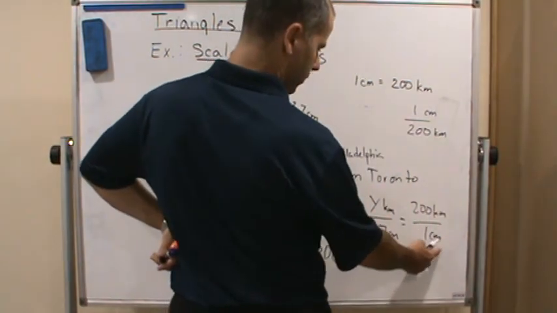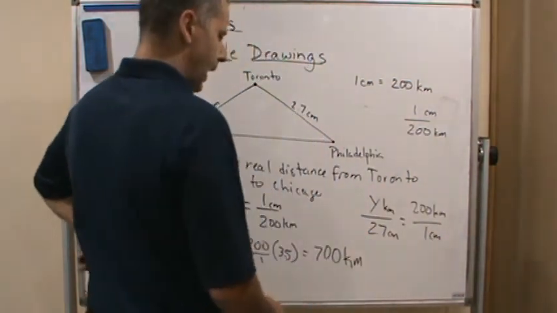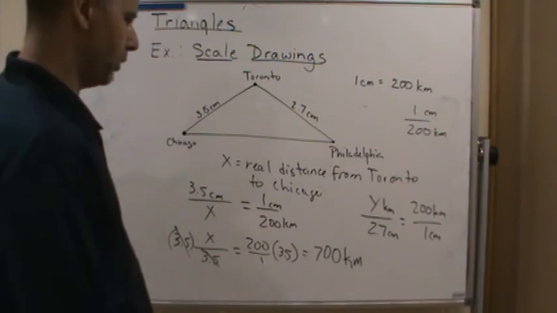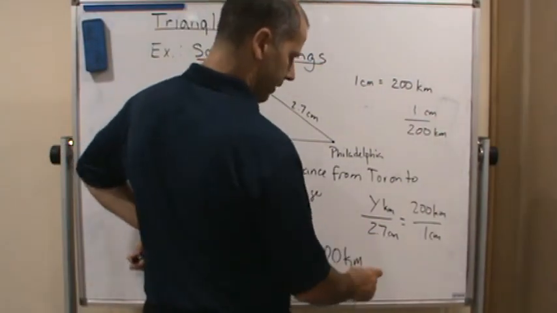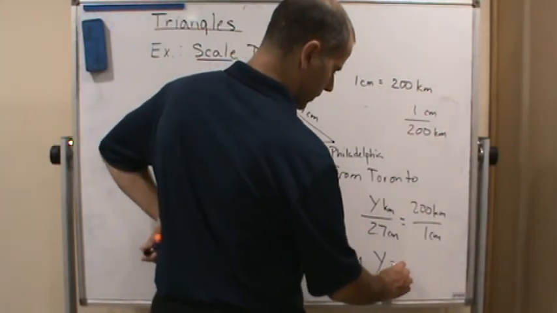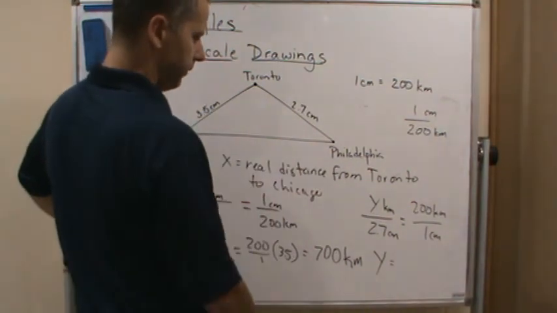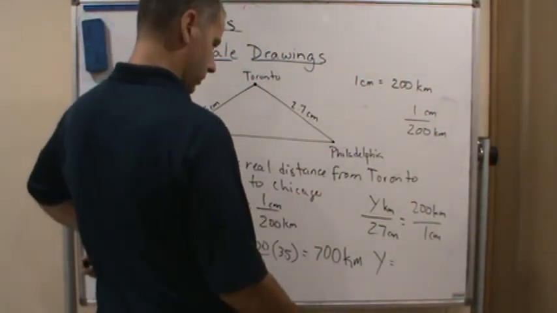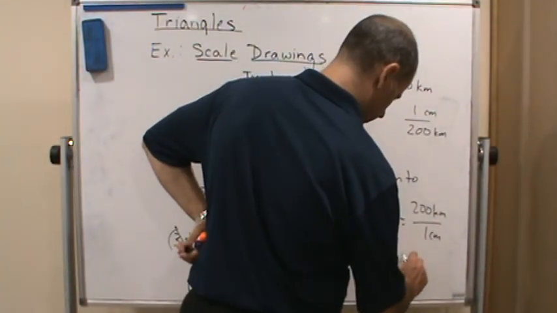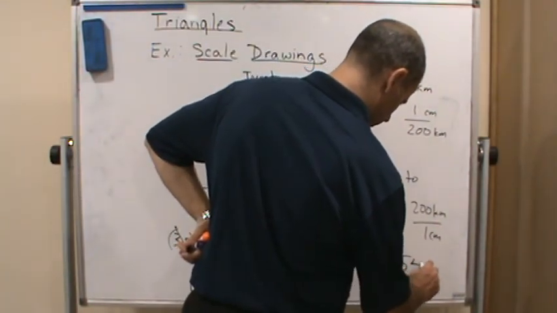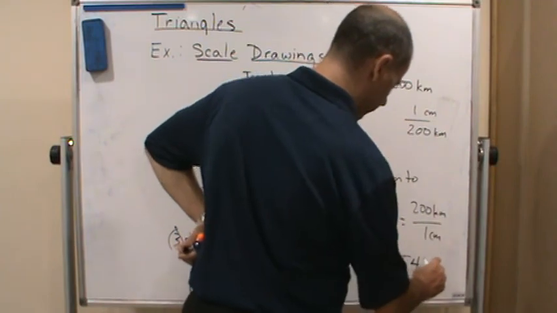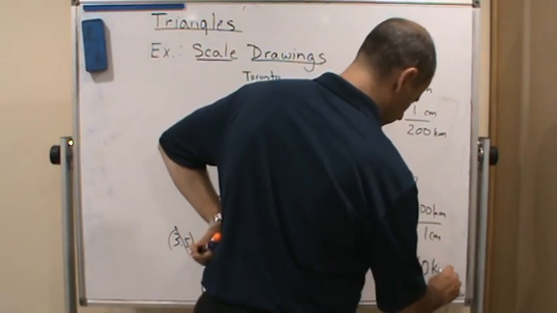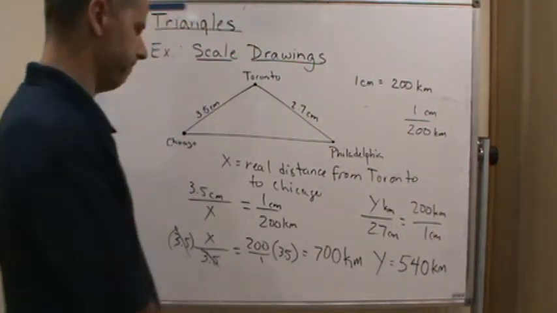See how I just matched up the units? Now I can solve this one by multiplying both sides by 2.7, and the distance from Toronto to Philadelphia turns out to be what? 5,400. Is that right? Yeah, 5,400. Or not 5,400, 540 kilometers.